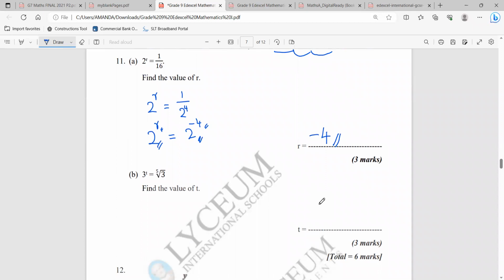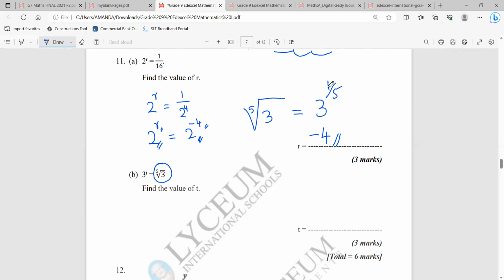Find the value of t. Okay. Now, here, you must be familiar with this one. So this one is 1/5 of the power 3. Right? So when you write something like this, you can write this in index form as, there you go.